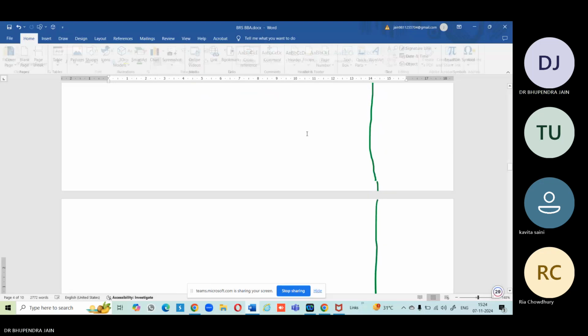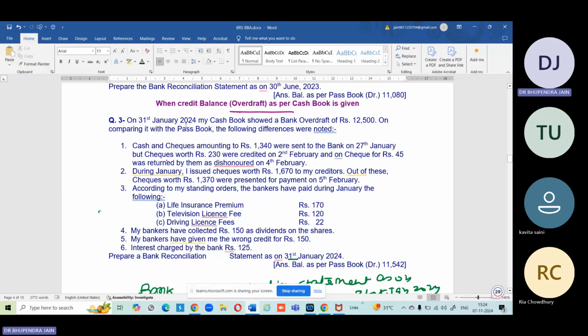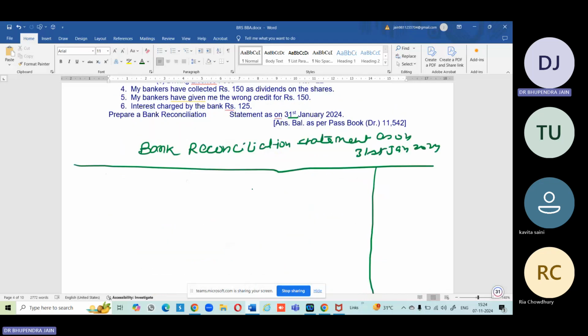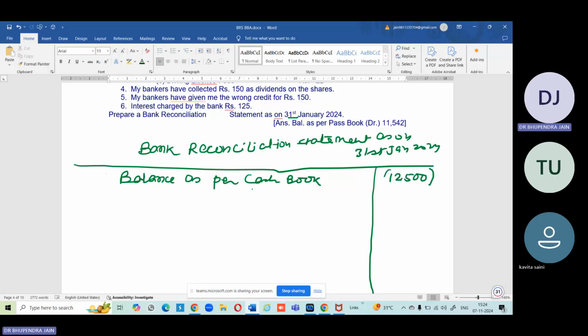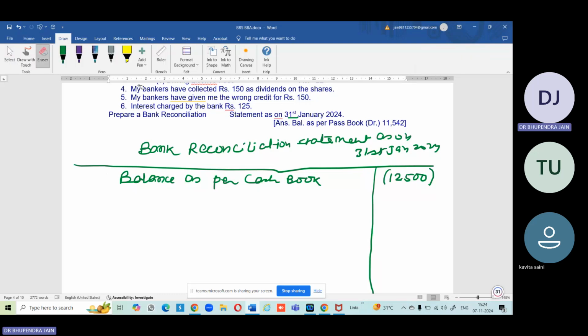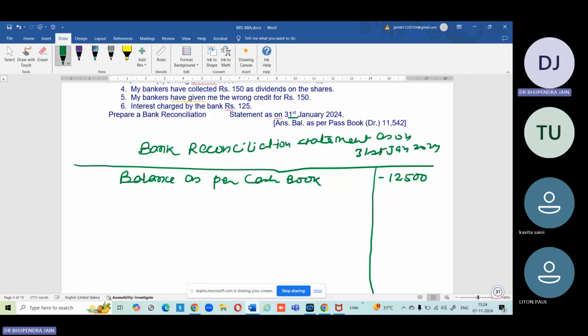Okay, let's read. On 31st Jan 2024, my cash book shows an overdraft balance of rupees 12,500. What will we write? Balance as per cash book 12,500 if the overdraft balance is given. So that means this is the negative balance.